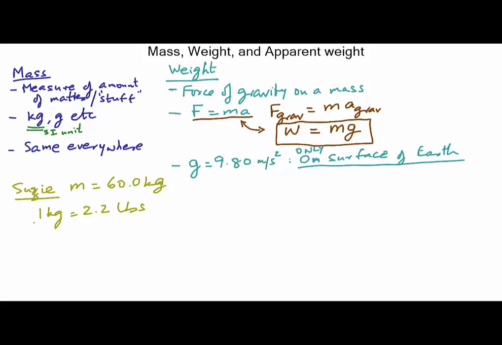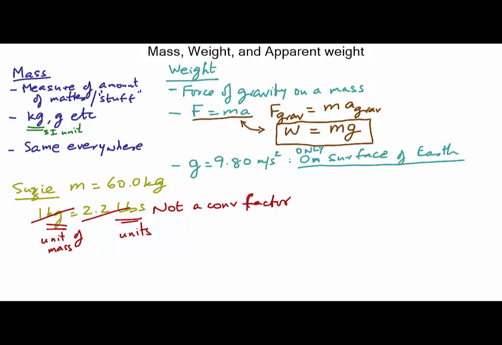I would recommend that you don't use this. This is not a conversion factor. It can't be a conversion factor because kilogram is the unit of mass and pound is a unit of force. So we're talking about apples and oranges, and we can't equate them with an equation.